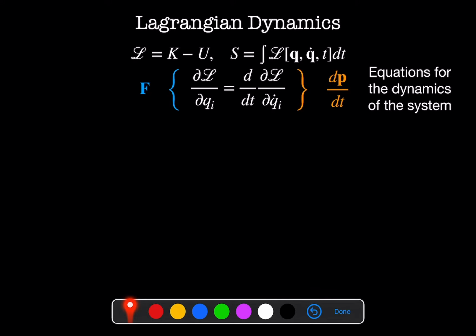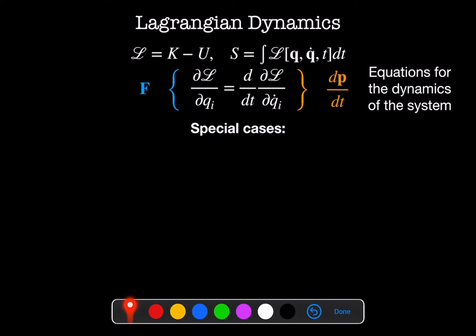This is going to be the equation for the dynamics of my system, regardless of what my q's are. So typically what you do is you choose q, then you write down the components of q in Cartesian coordinates so you can easily figure out what the velocity is in terms of your new q's. And then you write down your kinetic energy in terms of these q dots and your potential energy in terms of your q's. Then this Euler-Lagrange equation solves the dynamics no matter what.